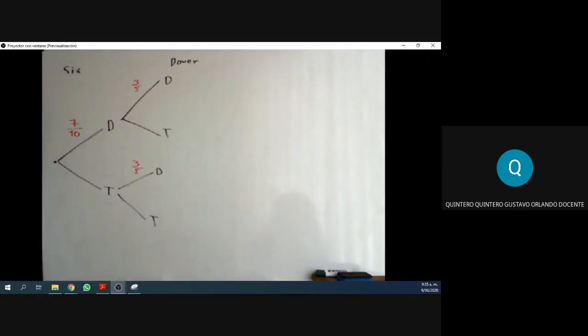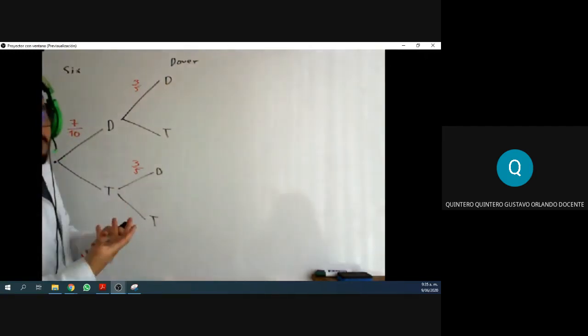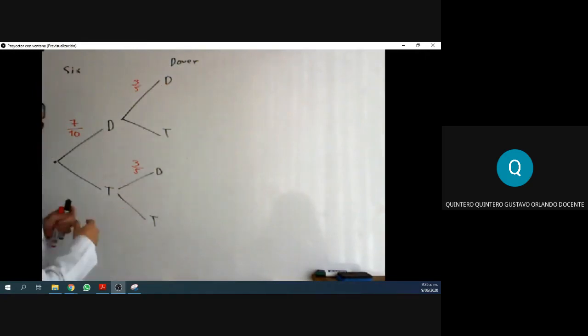Beautiful. From here, we can complete the tree diagram. But how can we complete it? Just by remembering the properties of the tree diagram. We know that in each sector, the addition of the probabilities must be 1. So how much am I missing from 7/10 to become 10/10, to become a 1? Well, I'm missing 3/10, right?